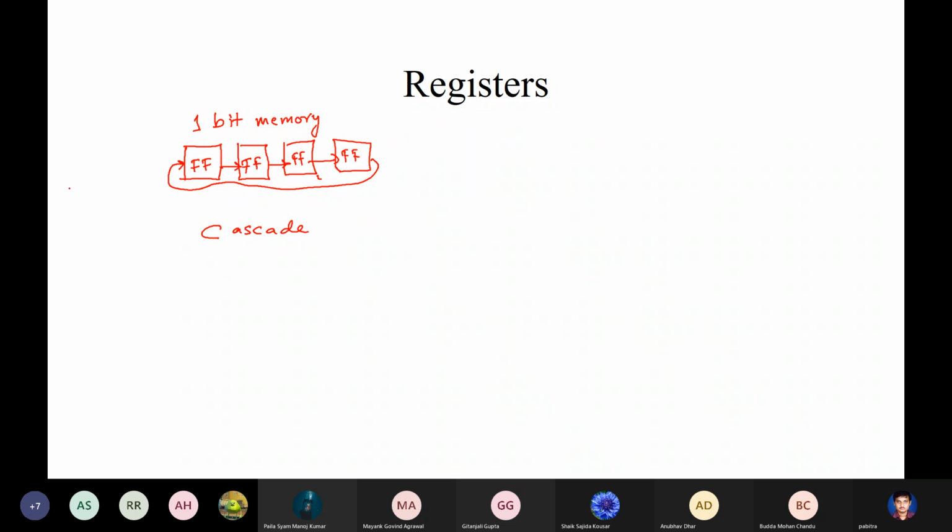So what is a flip-flop? As you know, it will have a clock input. Usually, this clock is shared by all these flip-flops in the cascade; the same clock applies to all the flip-flops in the circuit. So a register is nothing but a cascade of flip-flops.